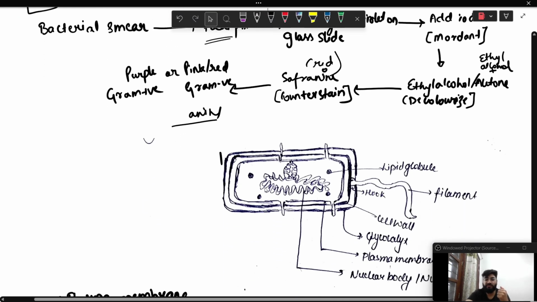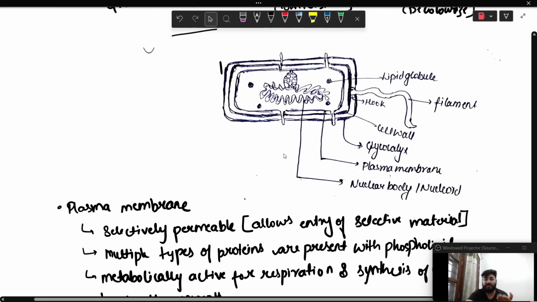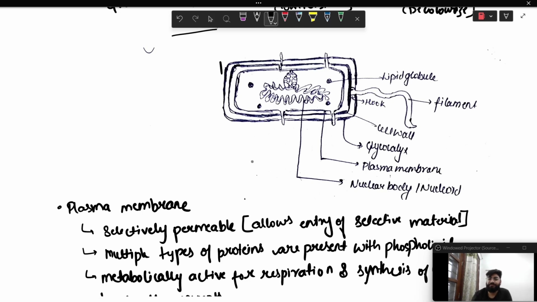Here I have a picture to show you, a general structure of a bacteria. Here you see the nuclear body inside that we call the nucleoid. We also call it the prochromosome.